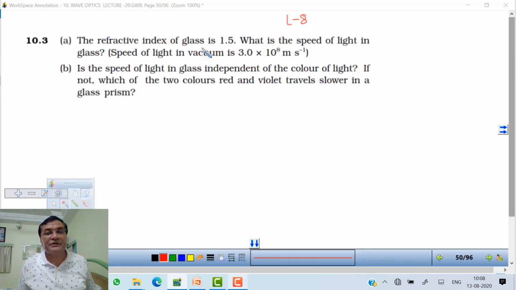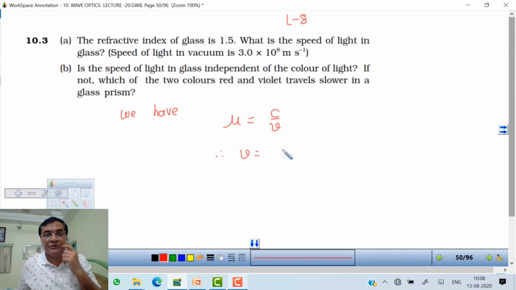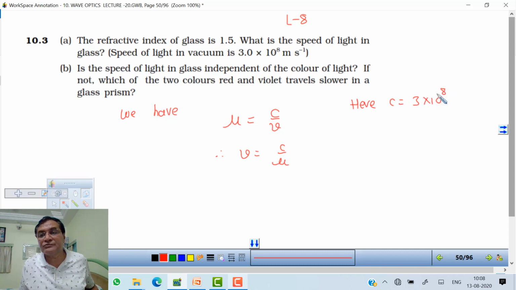The refractive index of glass is 1.5. What is the speed of the light? So we have mu is equal to C by V. Therefore, V is equal to C by mu. Here, C is equal to 3 into 10 raised to 8 meter per second, and mu is equal to 1.5.